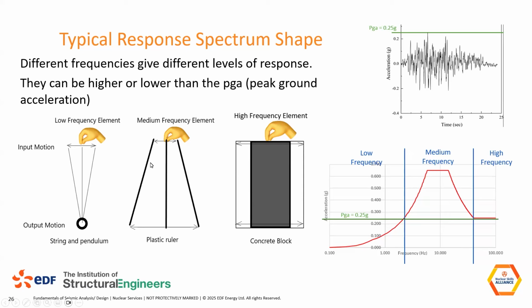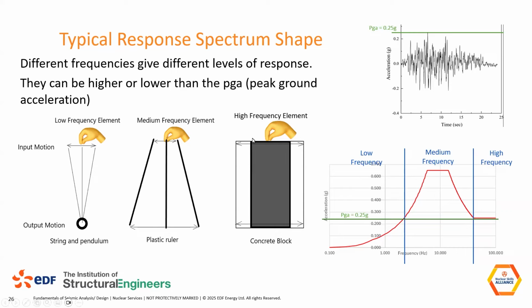And then we keep going, keep increasing the stiffness further and further. This peaks and then starts to reduce. But unlike on this side, it doesn't go down to zero. It goes down to essentially the input motion. And what's happening here is we're getting very, very stiff. We're essentially getting to a rigid body. I mean, nothing's truly rigid, but we're getting close to infinite stiffness.